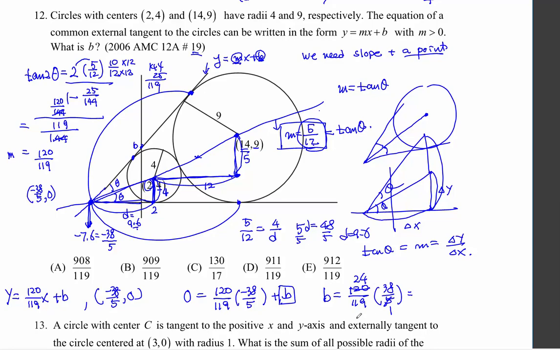119 times 1 is 119. Now simplify over here. 24 times 38. 24 times 30 is 720, and 24 times 8 is 192, so 912, right? Okay, that is 912. We got that answer.